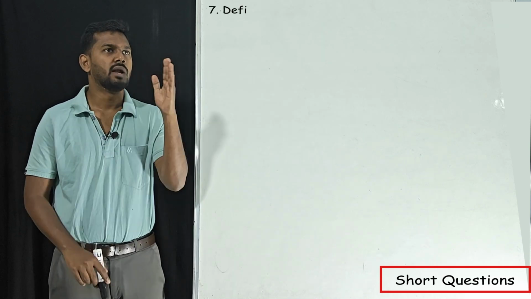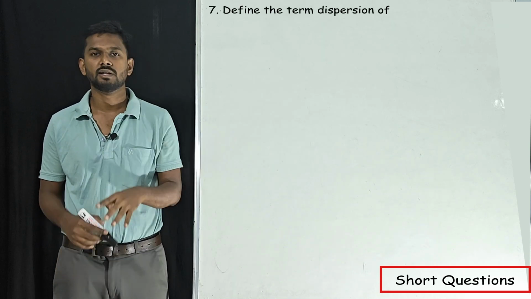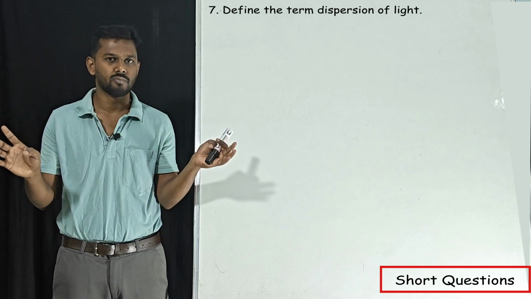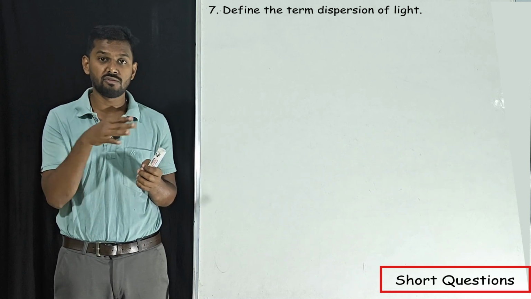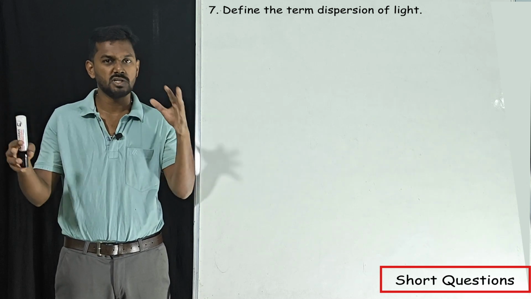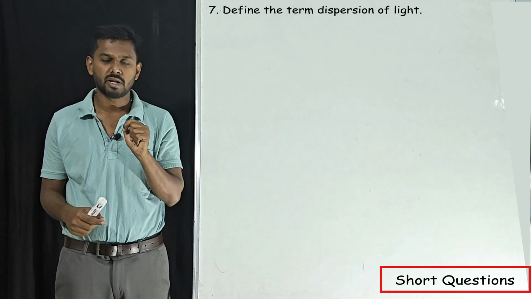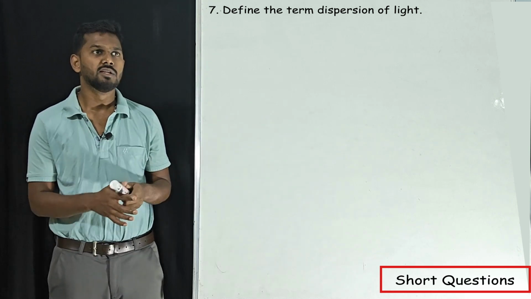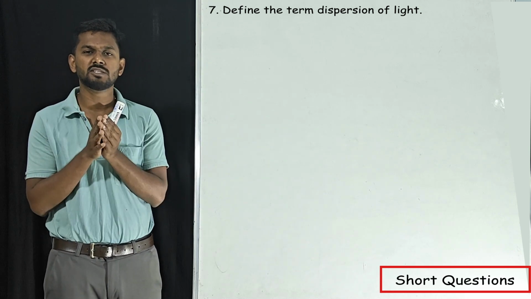Our next question: define the term dispersion of light. See, dispersion is nothing but splitting. You should know there are many words: deviation, dispersion, spectrum. What is the difference between all those things? We have learned in the concept video. Now here also, because of the question, we are going to learn. Dispersion means splitting of color.